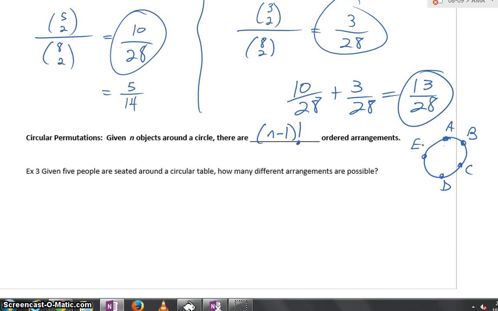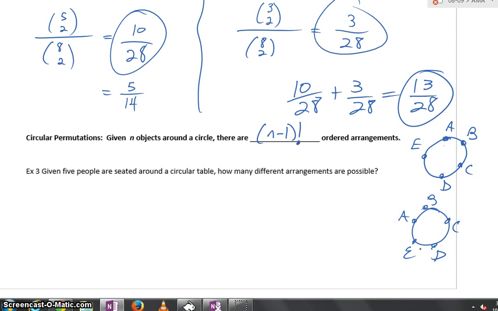So I could turn that circle around, and I guess what I really want to point out to you is if I gave you here, we've got A, B, and here's C, D, and E. This second picture that I just drew would be exactly the same setup as what we had before. What would make a difference is if person A now had person C on their left side, on their left hand, and so forth. So that is first and foremost so important. We don't care about relative locations. Rather, we care who's on your right side and left side.